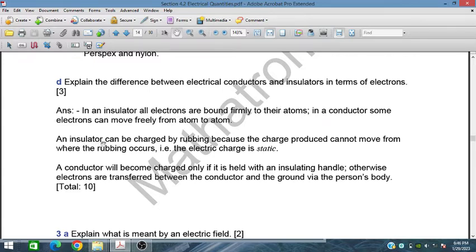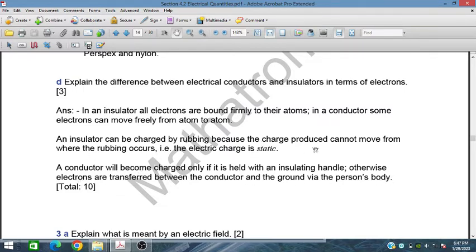So an insulator can be charged by rubbing, and the charge produced cannot move from where the rubbing occurs. That is, the electric charge is static. A conductor will become charged only if it is held with an insulating handle. Otherwise, the electrons are transferred between the conductor and the ground via the person's body, so it cannot hold the charge.